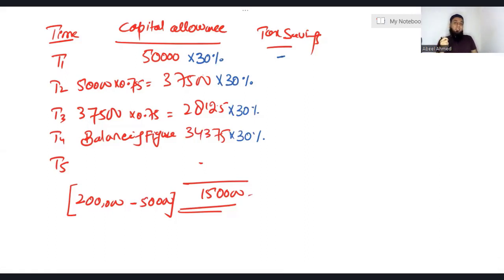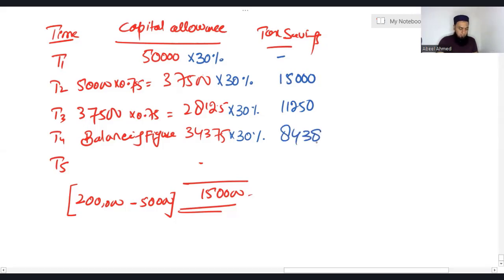Similarly, the first tax saving will also arise in the second year. 50,000 at 30% becomes 15,000. 37,500 into 30% gives me 11,250. 28,125 into 30% gives us 8,437.5, so 8,438. 34,375 into 30% is 10,312.5, so make it 10,313. Since tax is paid with a delay of 1 year, the first tax will arise in the second year, so your tax saving will also start from the second year.